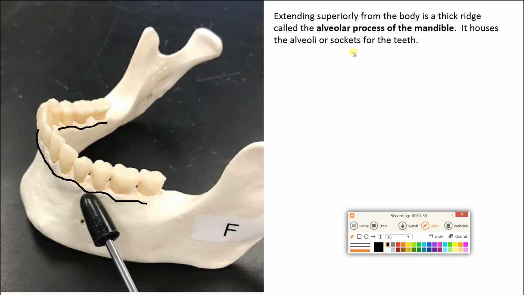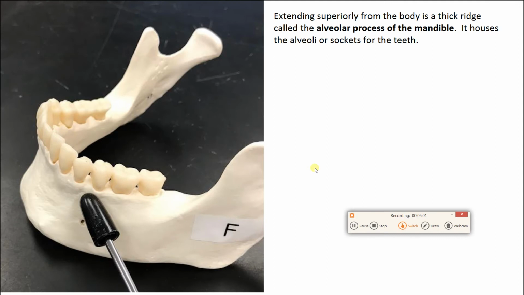That whole sticky up ridge is called the alveolar process of the mandible. The word alveolar refers to the little sockets. They're little U-shaped sockets that the teeth are going to sit in. There we go. So we can see that alveolar process.